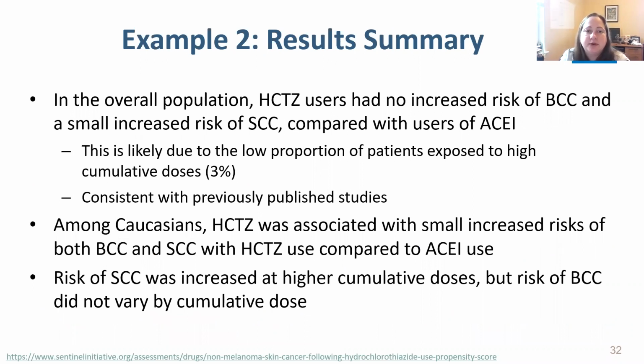So in summary, the lack of an increased risk of basal cell carcinoma and the very small increased risk of squamous cell carcinoma in the overall population, the study team felt was overall likely due to the low proportion of patients exposed to high cumulative doses. They felt that the stratified analysis was more correct, but it was consistent with previously published studies.